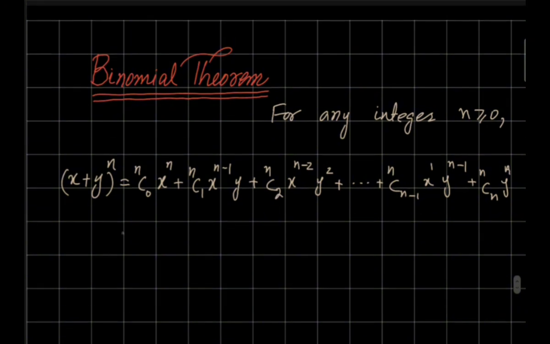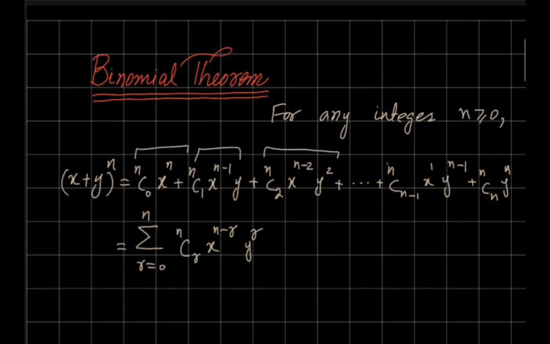It can be written in the summation notation as well. I can write nCr x to the n minus r y to the r, because you can see every term here, there are n plus 1 terms. In each term n is fixed, and for every term you have r.